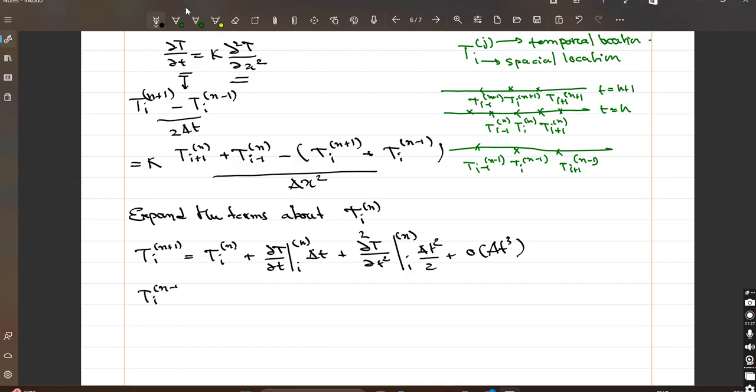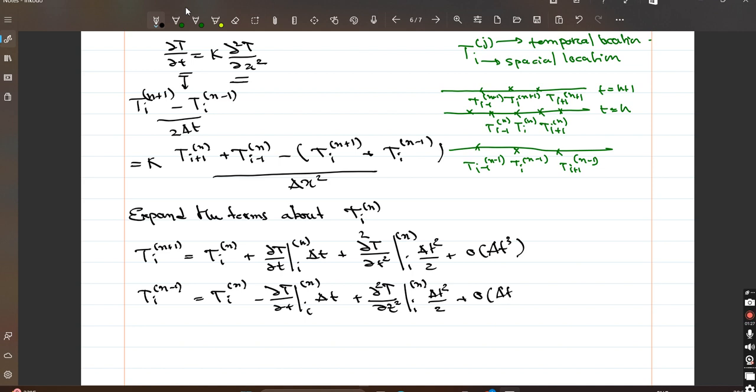And T_i^{n-1} will be T_i^n minus ∂T/∂t at i at time n times delta t, plus ∂²T/∂t² at i, time n, delta t square by 2, plus order of delta t cube. Okay, now if we subtract these two parts and divide by 2 delta t, what will we have?